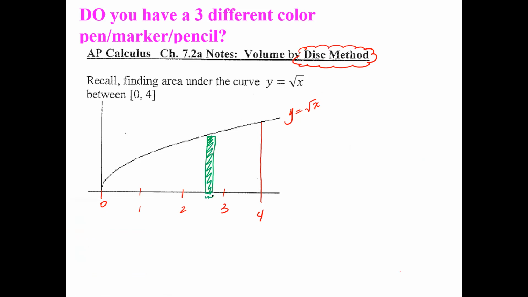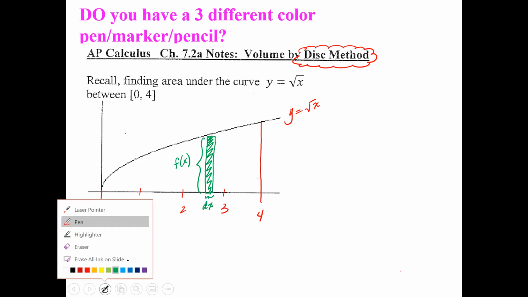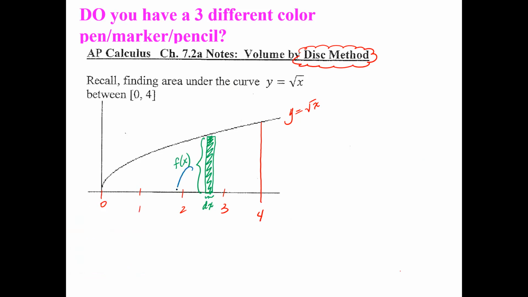The width of this rectangle is going to be dx. The height is going to be f of x. And if you can imagine this rectangle rotating around, it's going to create a circular disk.